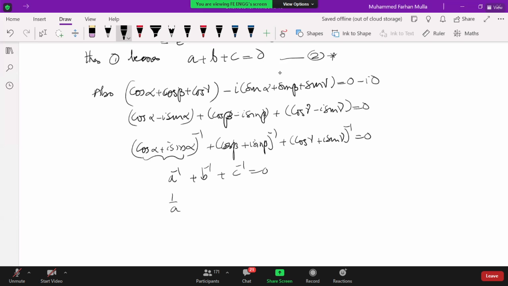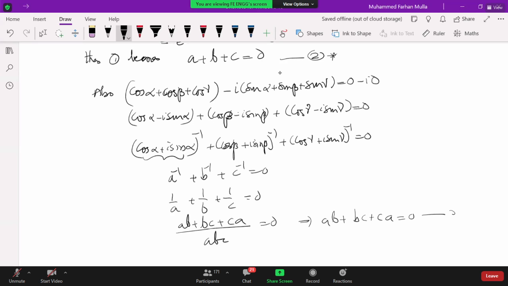So it is 1 upon A plus 1 upon B plus 1 upon C equal to 0. If you simplify a little further with the LCM, it is going to be AB plus BC plus CA equal to 0. So we have one more result, AB plus BC plus CA equal to 0. This is also one of the important results.